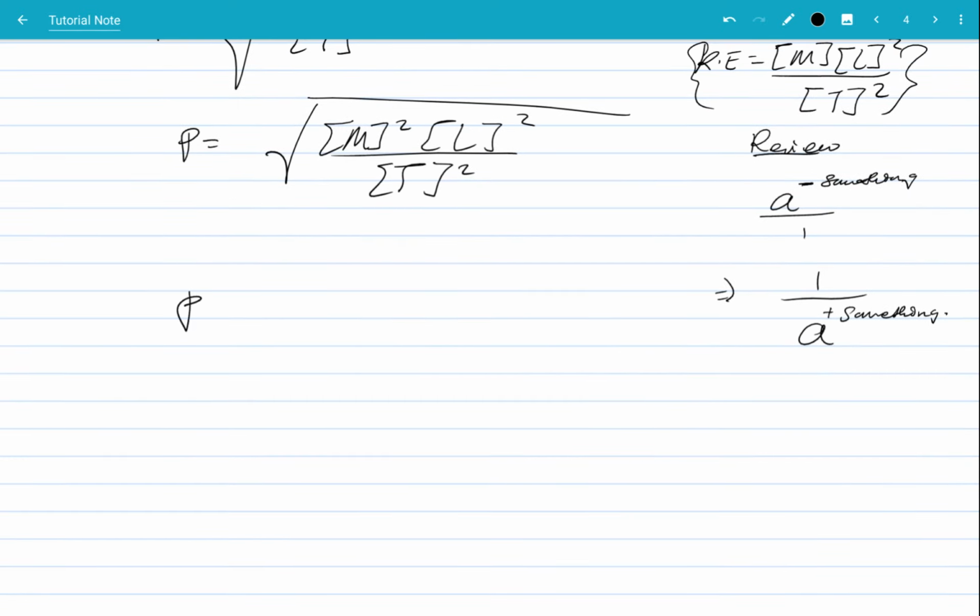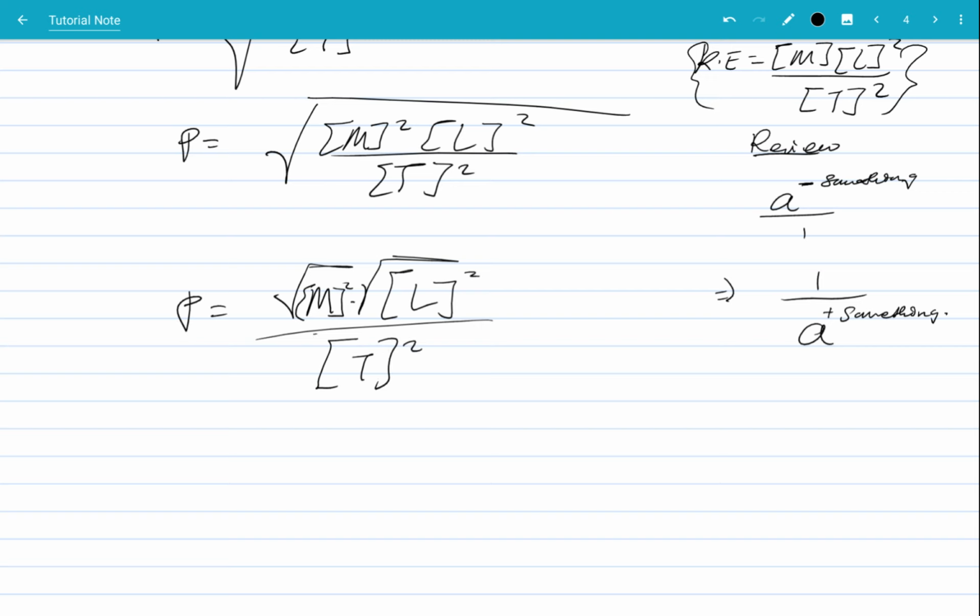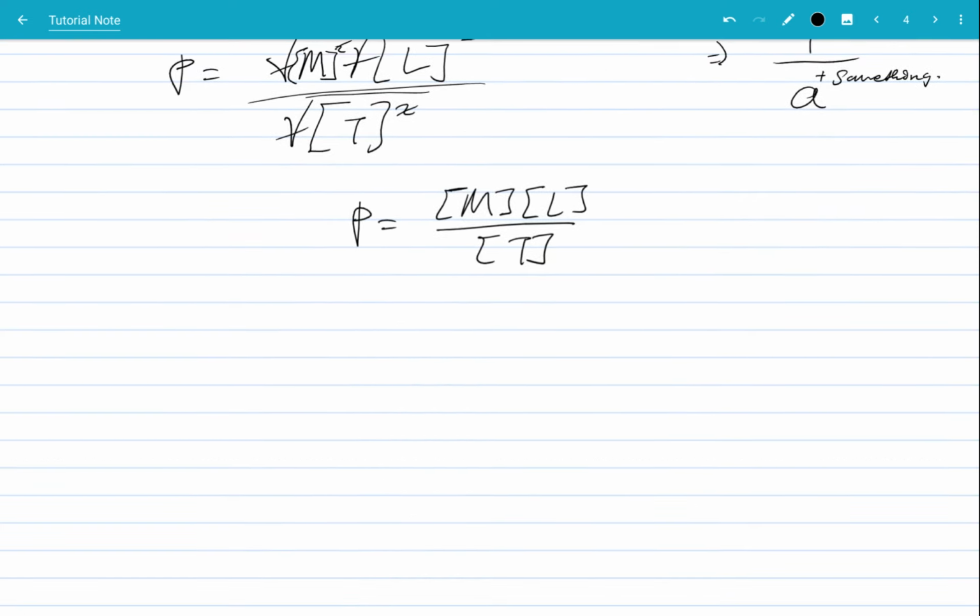Mathematically, this is written as the square root of M squared, the square root of L squared, over the square root of T squared. So this cancels with that, this with that, this with that. So momentum is equal to M L over T. These are the dimensions of momentum, but our interests are the units.